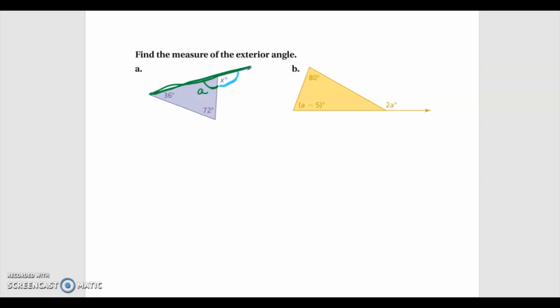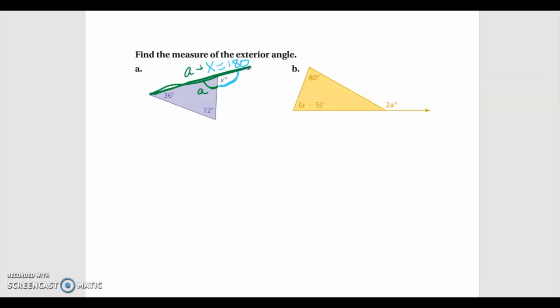So angle A plus angle X equals 180. Well, right now I don't know the measure of angle A, but I can find the measure of angle A using the interior angle theorem.